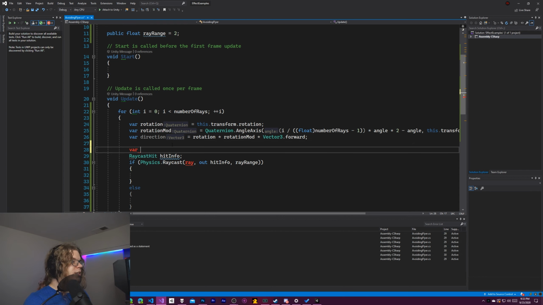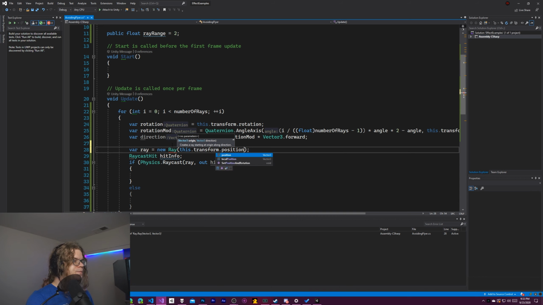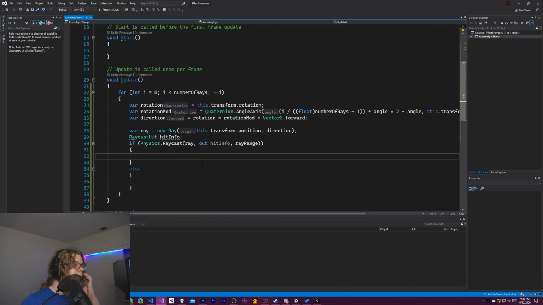We're going to do this though and create a ray. So new Ray of an origin, which is this.transform.position and a direction. So this should already be normalized because it's a rotation of this forward vector. So I think this should be fine. And yeah, there's our ray, there's our hit info. That should determine if we hit anything.